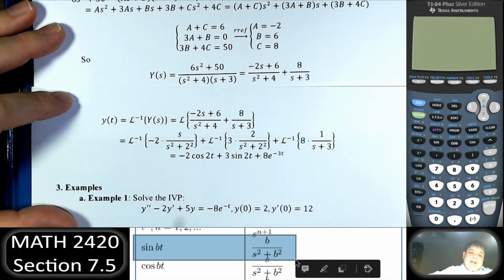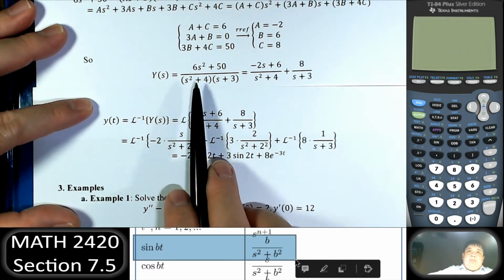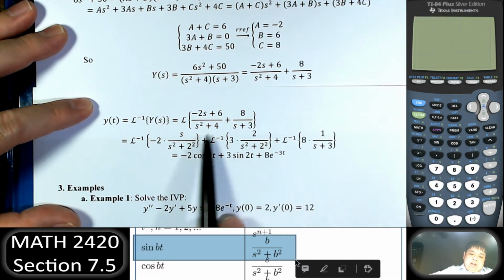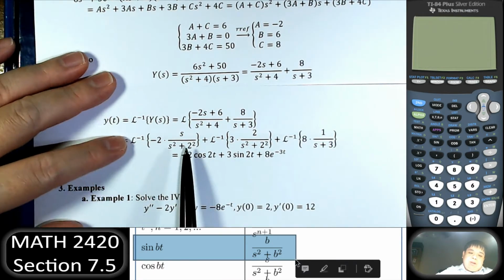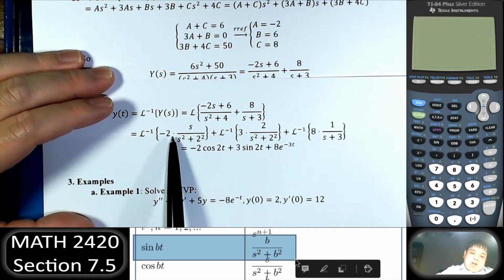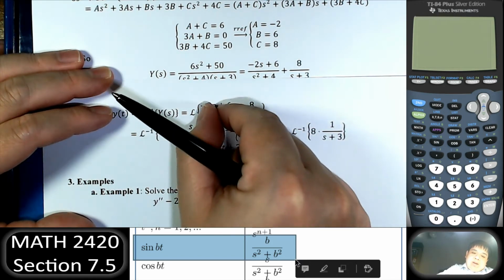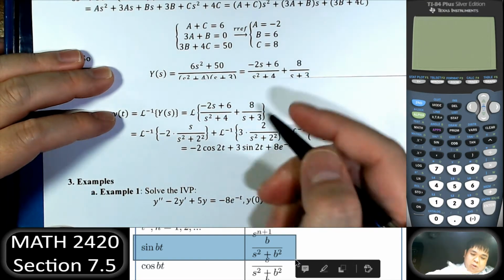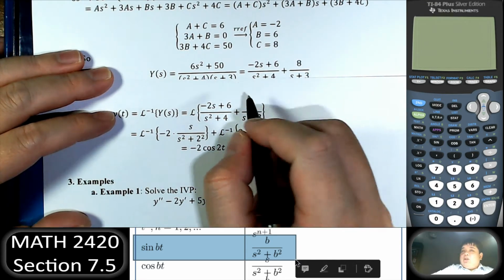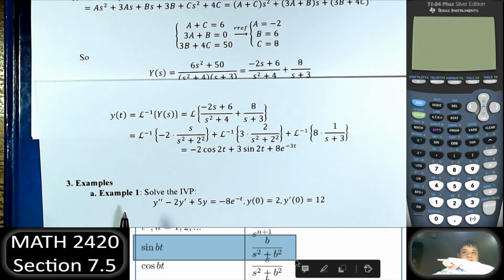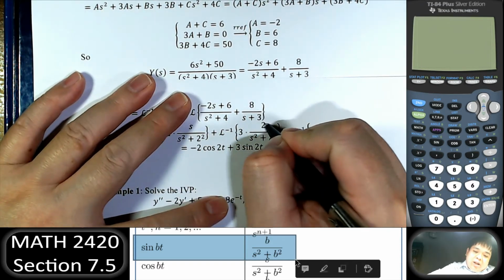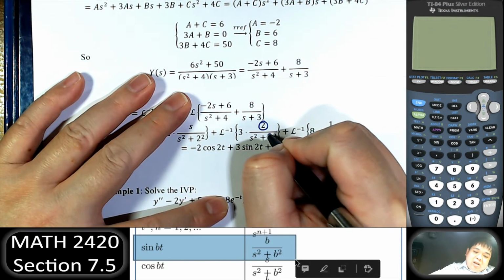And then finally we do the inverse transform of that. So the inverse transform of this negative 2s, and then we split. Remember, the inverse transform of sine of bt is still over there, right? So we need this 2 to be the same as this constant 2.